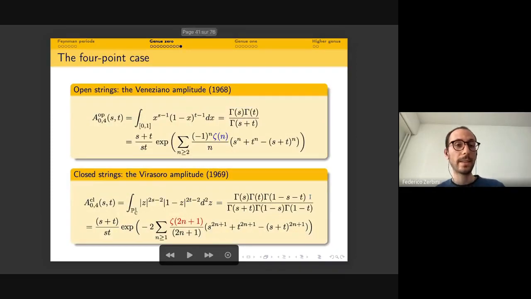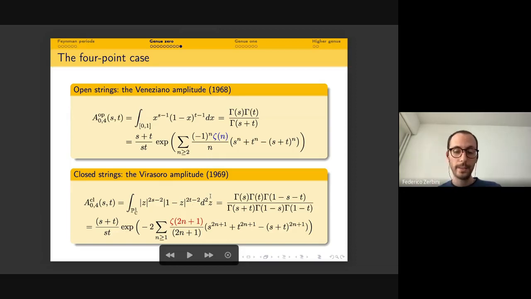And that is precisely what happens, for instance, in our first example of 4 strings, because you have this Laurent expansion here, and if you apply term by term the single-valued projection on the zeta values, well, the zeta of 2n, the even ones, are going to disappear, and the odd ones are going to be multiplied by 2, which is precisely what happens.